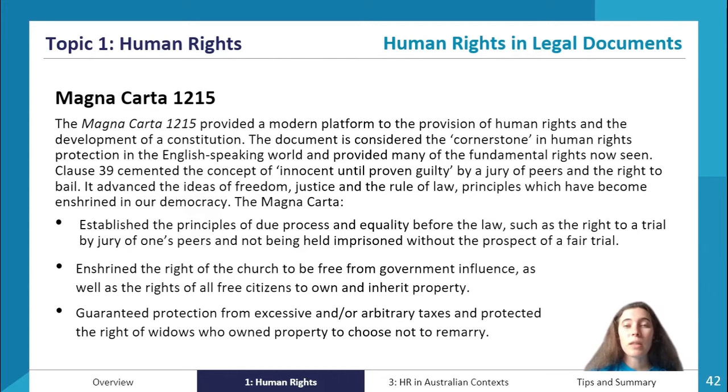So the document is considered a cornerstone in human rights protection in the English-speaking world, and it was modern back in its day. It was something that was really big in society, and it provided many of the fundamental rights that we now see today.